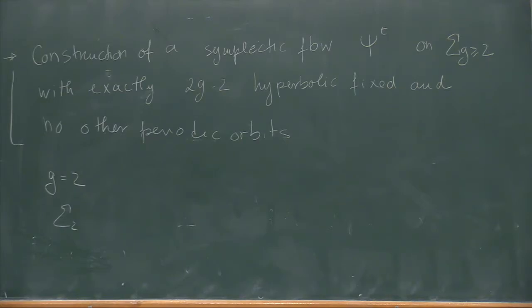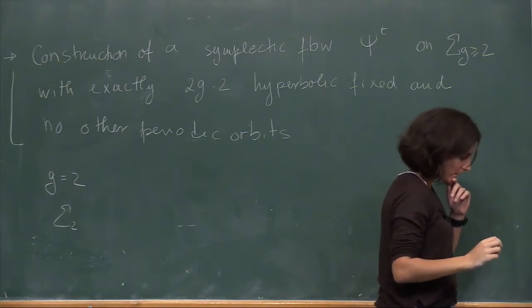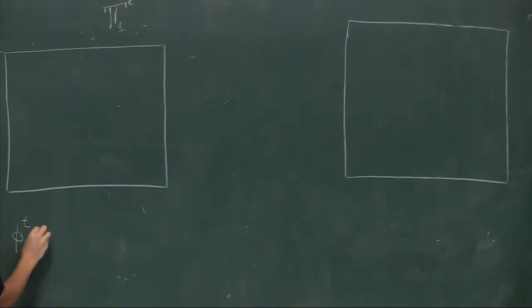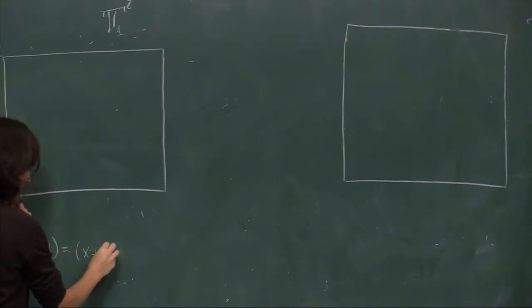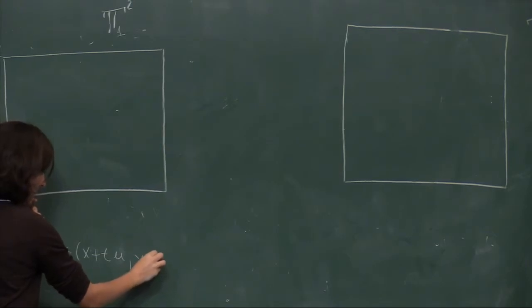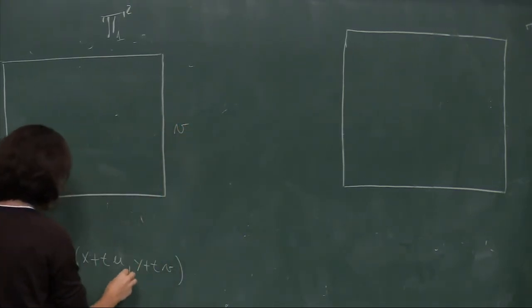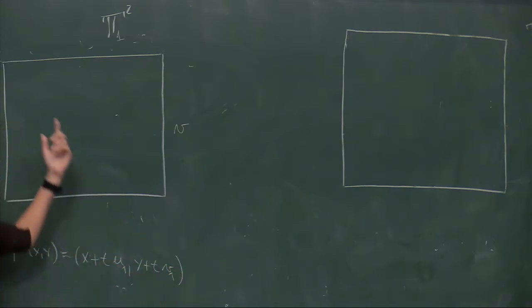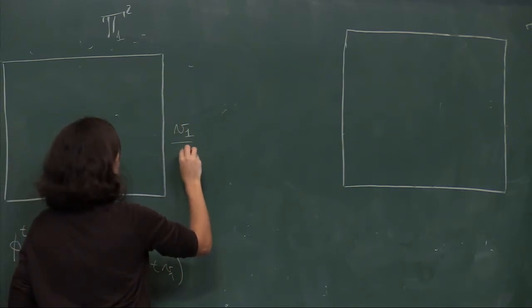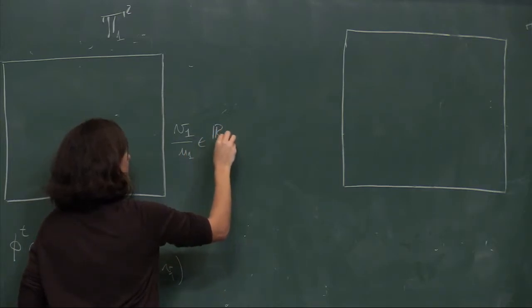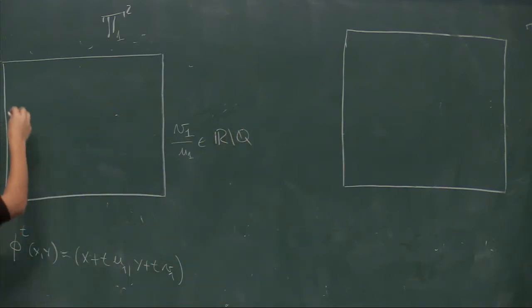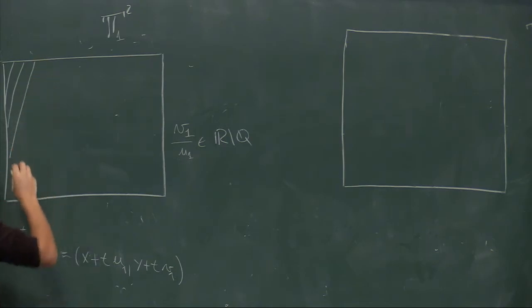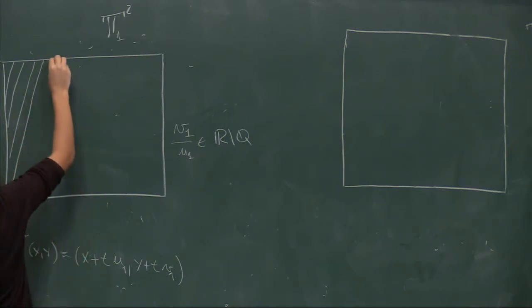T2. Now I consider on this first torus an irrational linear flow: x plus t u1, y plus t v1, where v1 over u1 is irrational. This is my flow line, with irrational slope.